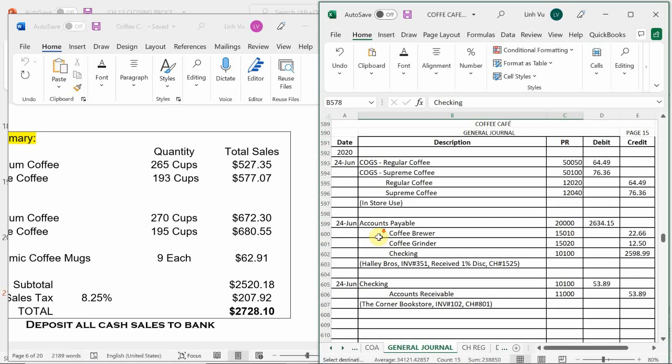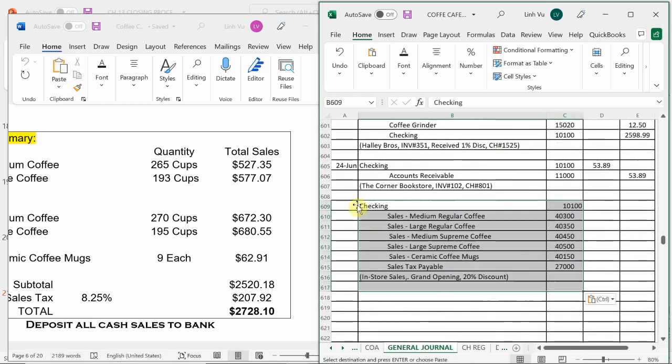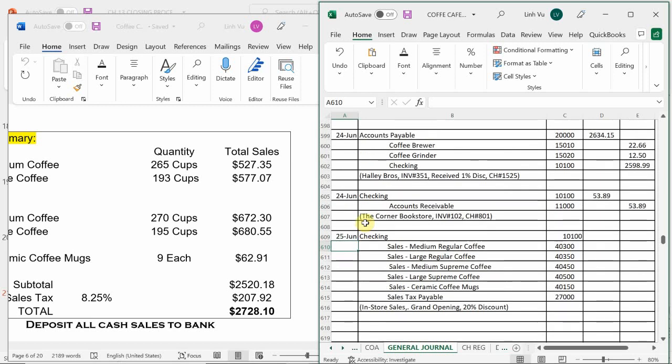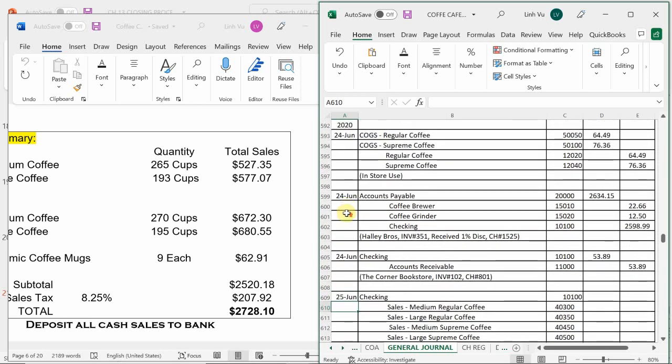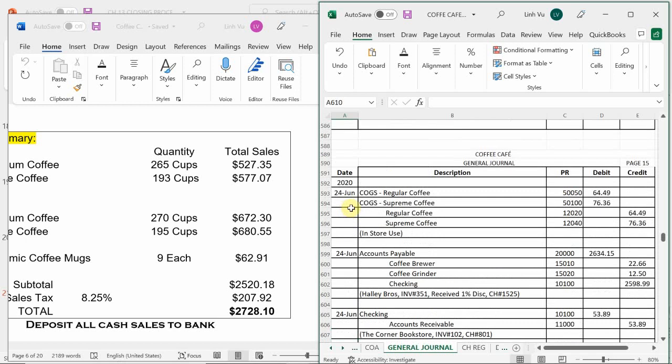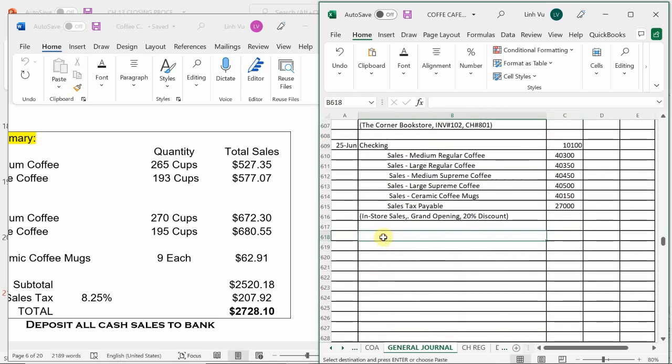Okay, so today is the 25th. So this is our 25th sales. Okay, so we got the sales.